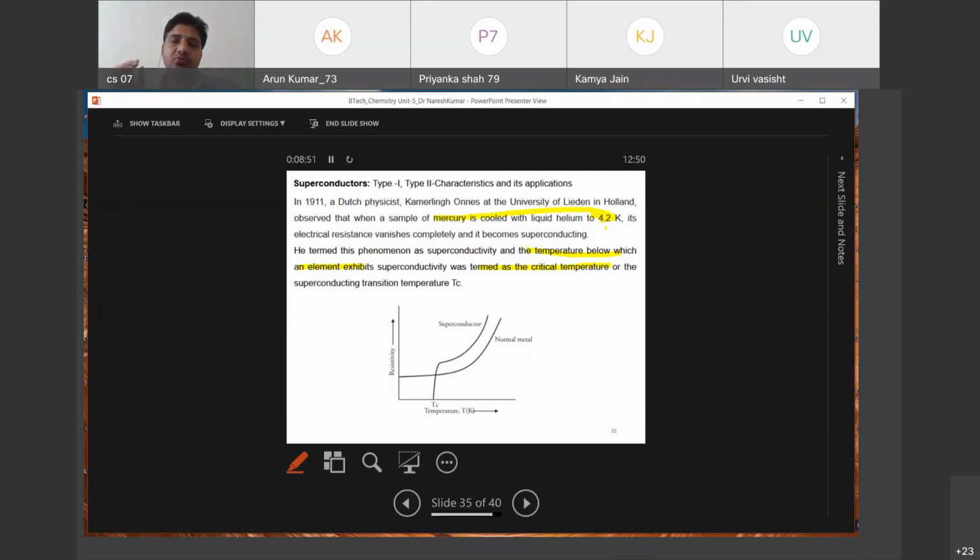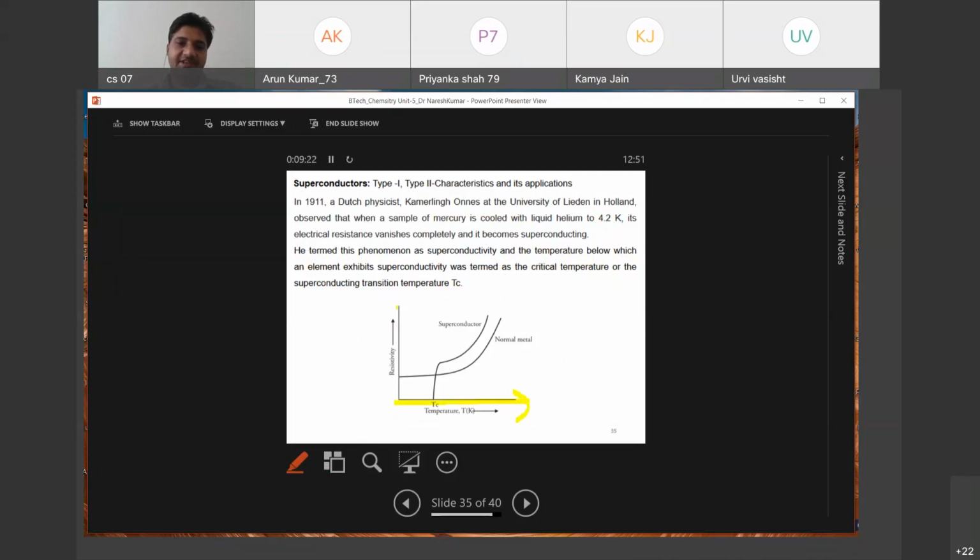So 4.2 Kelvin is the critical temperature here. Below this temperature, your mercury is a superconductor. The critical temperature is denoted by the letter Tc. See this graph here. On the x-axis, you have temperature.